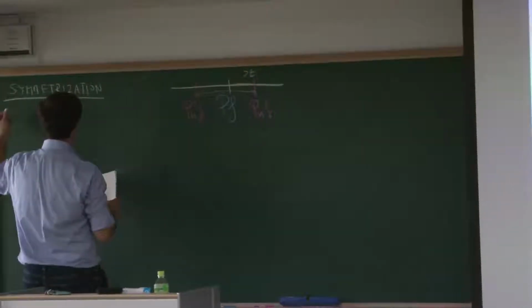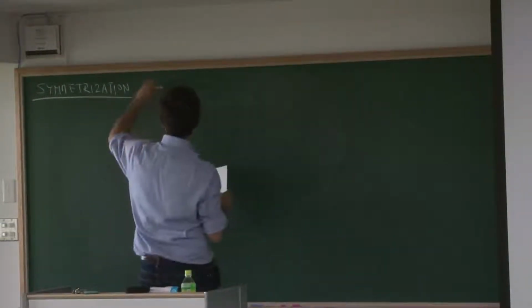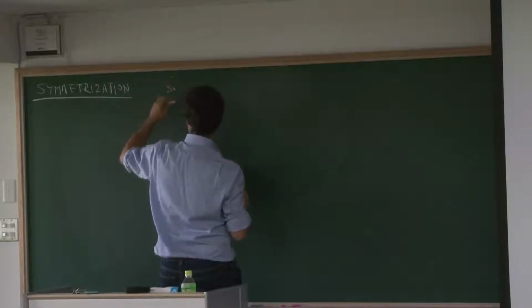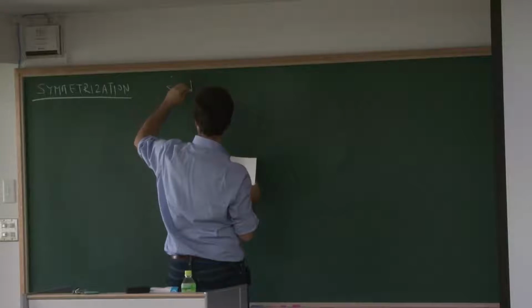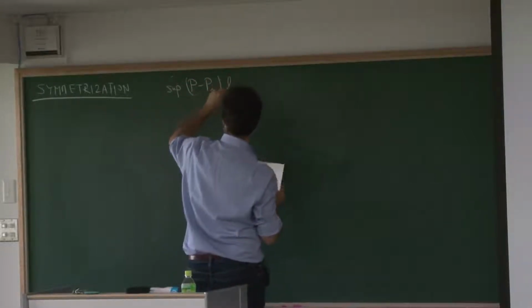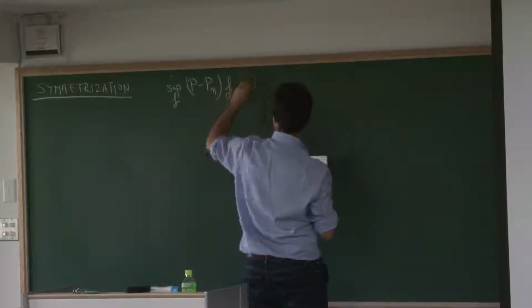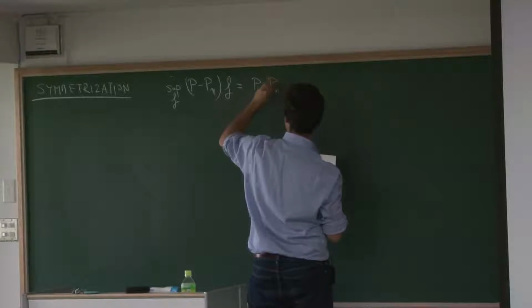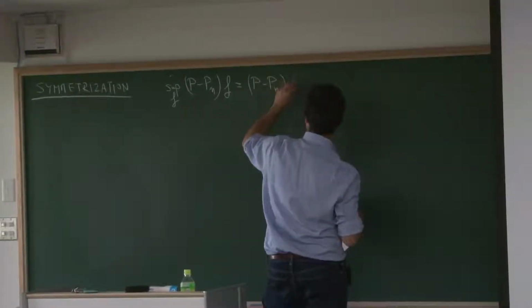So let me just prove this. I'm going to consider, for one n, the supremum of P minus Pn of f. I'm going to write it as P minus Pn of Fn.